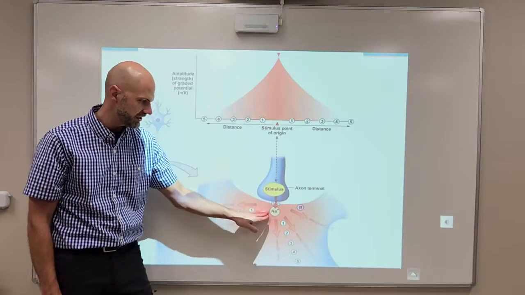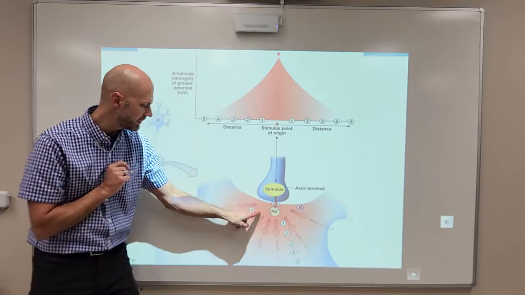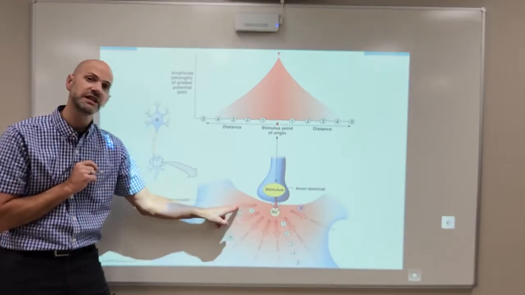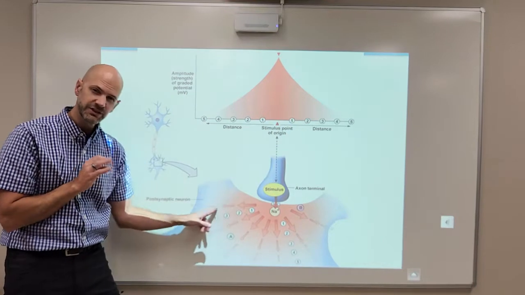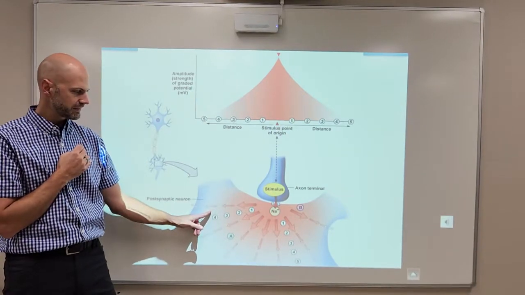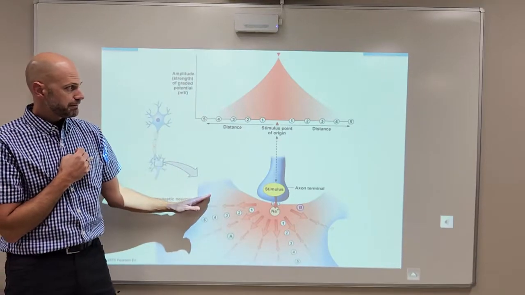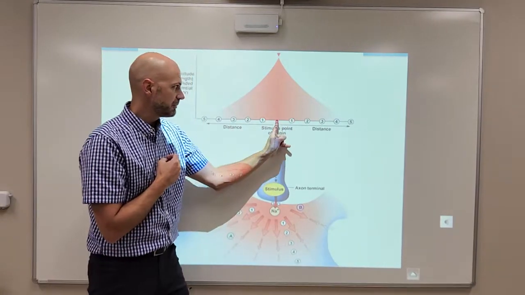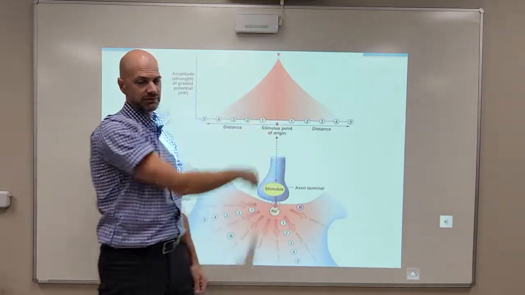The red color indicates the strength of depolarization. As we move further and further away, we get a decreasing effect of that depolarization, so it's less and less strong. And it's going in all directions. Here's the graph, here's the center point. If we go in any direction, we can see there's a decrease in strength.